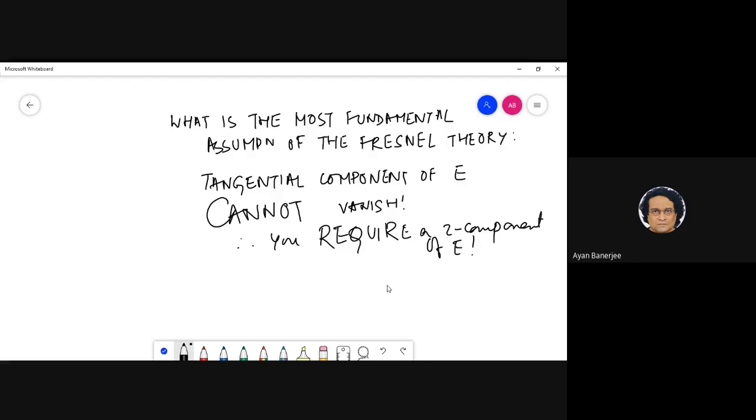But for this whole premise to hold, you need a tangential component of the field to get through. But at the same time, you're saying that there cannot be any propagating field. There is my hint, propagating field. There is no propagating field.